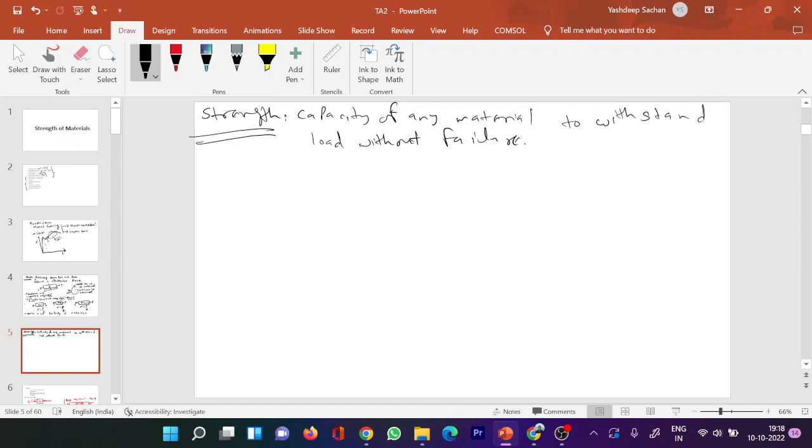So it will be a property of the material, right? Because if we take steel and plastic, they will fail at different loads. So strength is a property of the material.